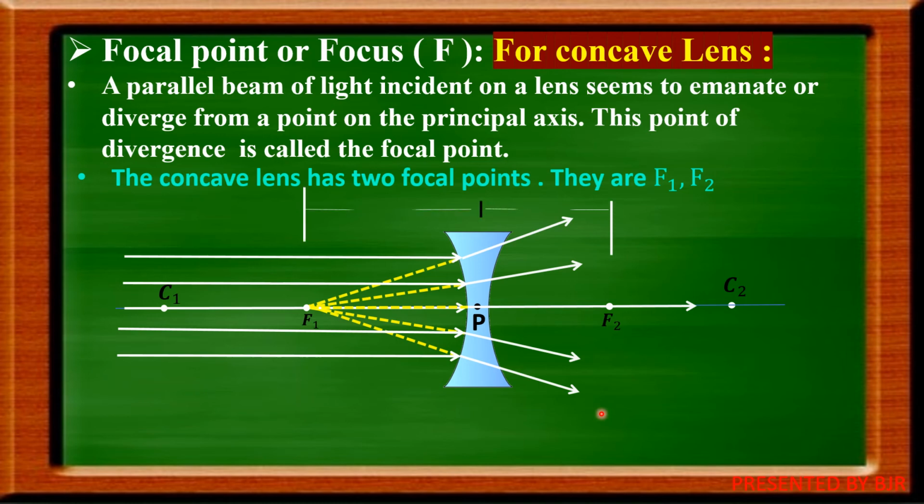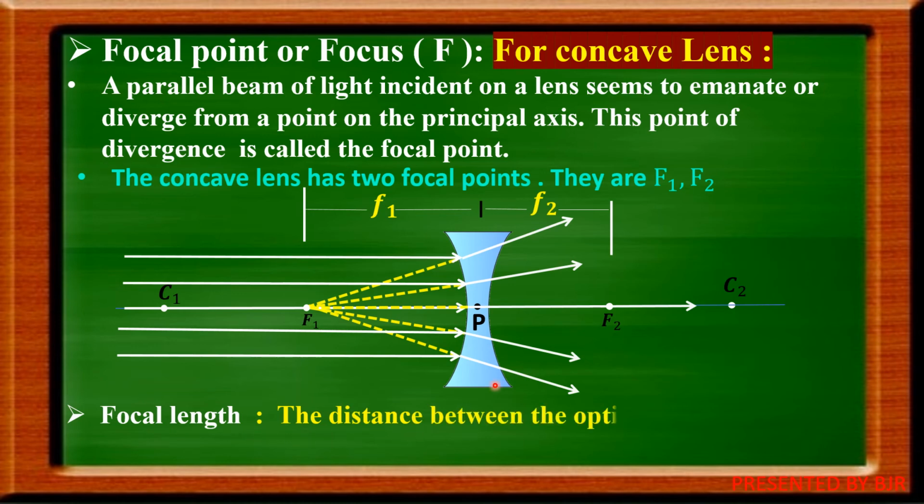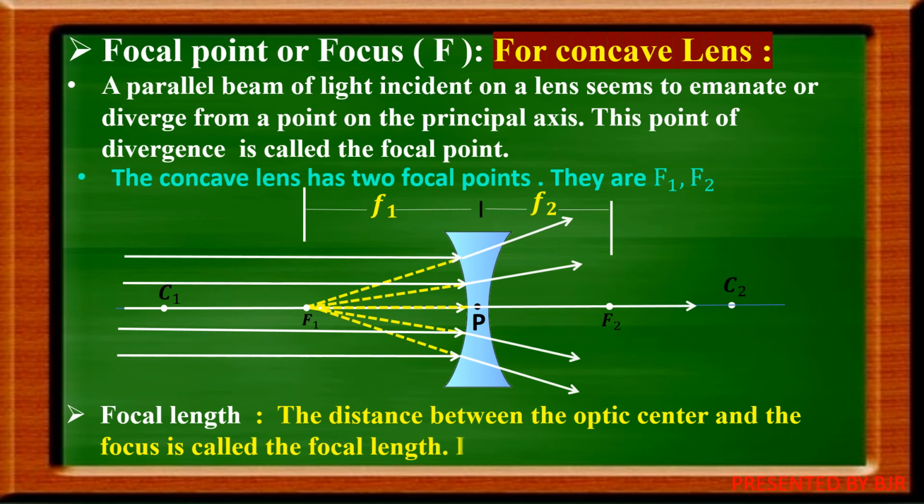See here, f1 and f2 same. Focal length is defined as what? The distance between the optic center P and the focus is called the focal length. It is denoted by a lowercase f.